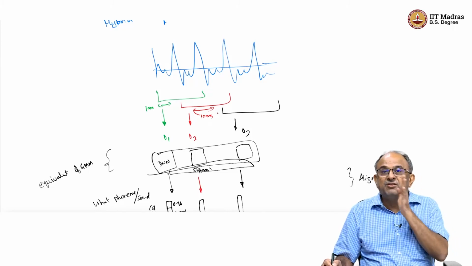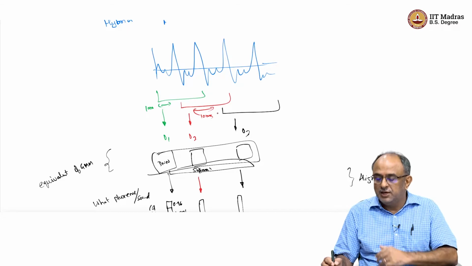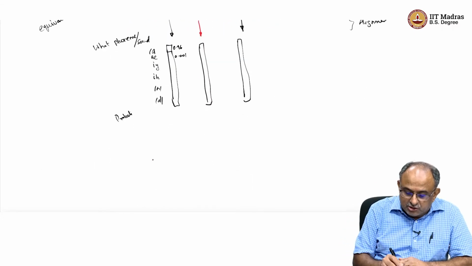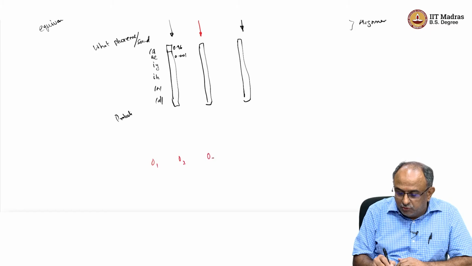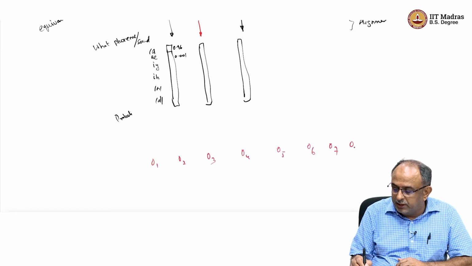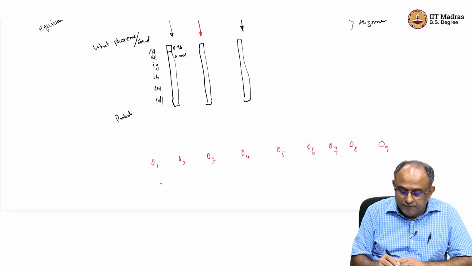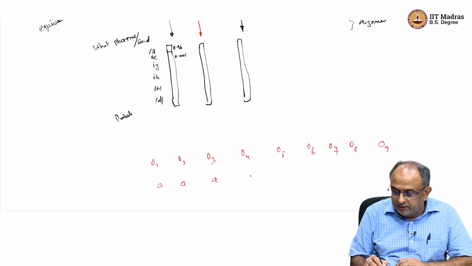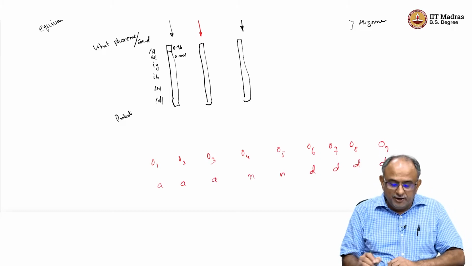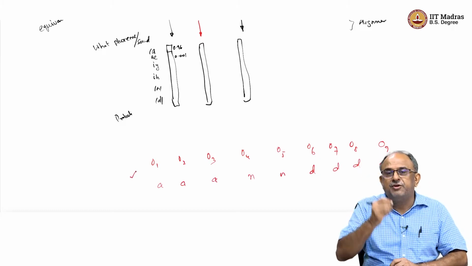So consecutive frames may all be capturing the same sound. If I am looking at some 10 frames, I might get O1, O2, O3, O4, O5, O6, O7, O8, O9, and so on. I am not interested in correctly estimating the right sound for every frame.